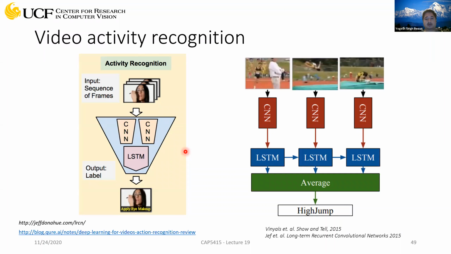Now, that was LSTM, and there are many different variants of recurrent neural networks. So let's see how we can use that for activity classification. What you can do is you can take your sequence of video frames and you can encode each of these frames using a CNN architecture.